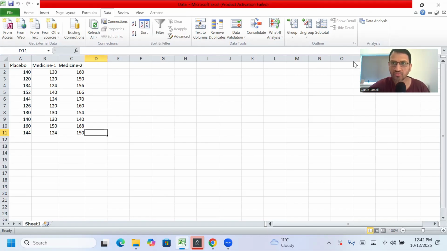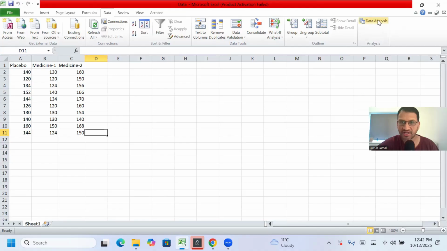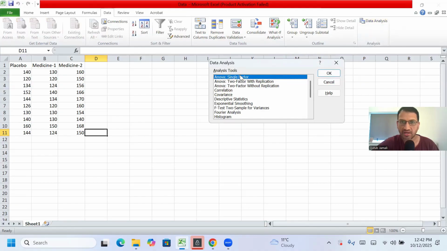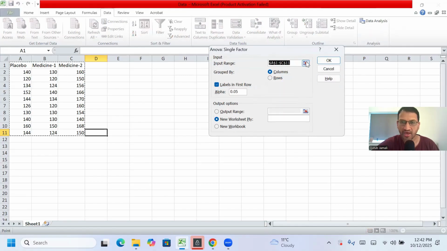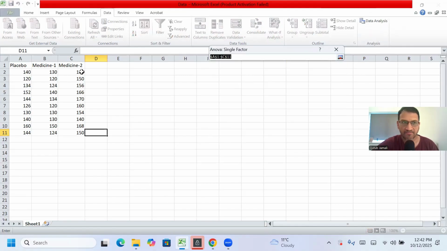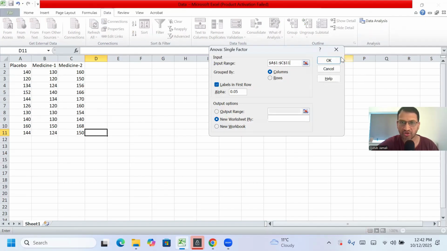Okay. So what we do is we click on Data Analysis, then click on ANOVA: Single Factor. Then you click on this, drag these three groups, click again on this, and because we've collated the data in columns, you click Columns here.